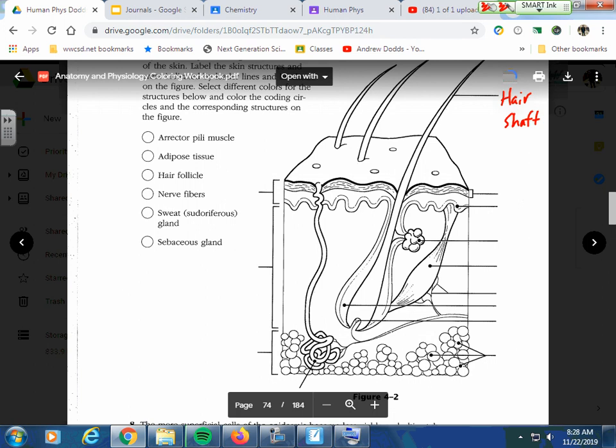So these are the 3 layers, the epidermis, dermis. No, the hair shaft is the visible part outside of the skin, and the hair follicle will actually be down here. The hair follicle will be around the hair root where the hair is starting to grow. Okay, down in the dermis. And then we have hypodermis is this one.